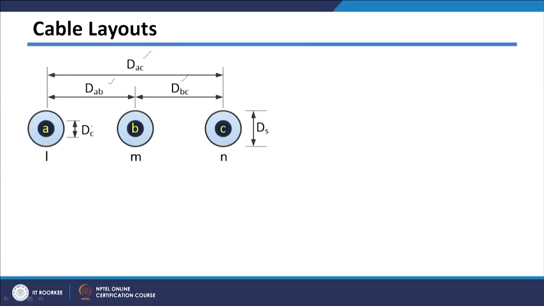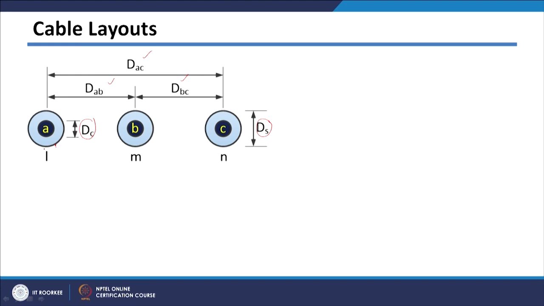Let us say the diameter of the conductor is DC and the diameter of the shield is ds for each cable. There are 3 conductors, the A, B, C phase conductors, and as I told you, the shield is grounded. Because of that, we have to consider each shield as one conductor.